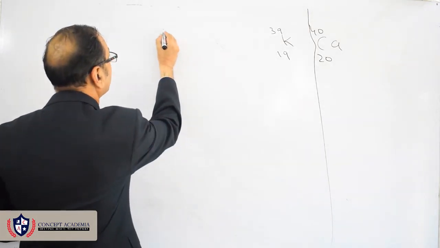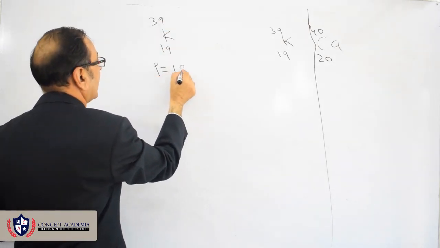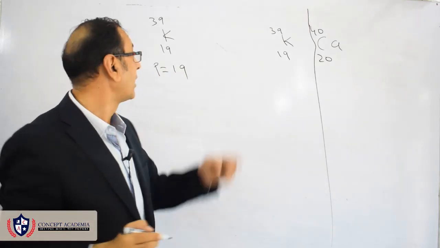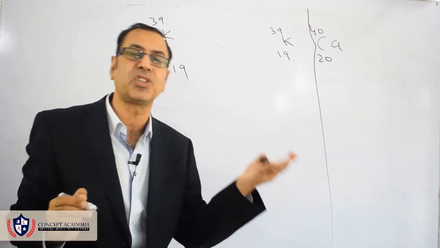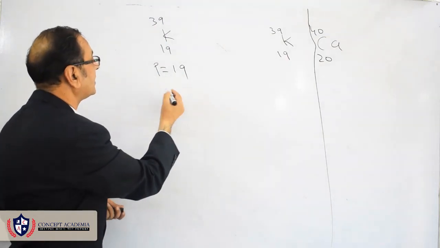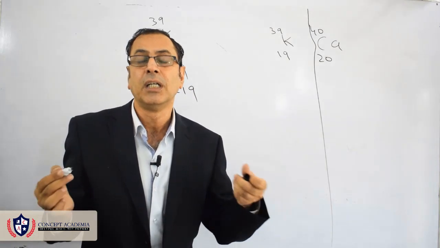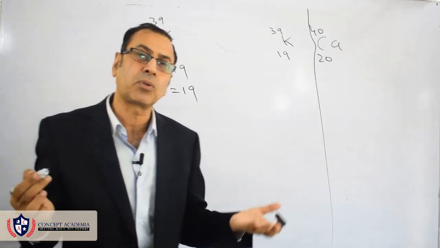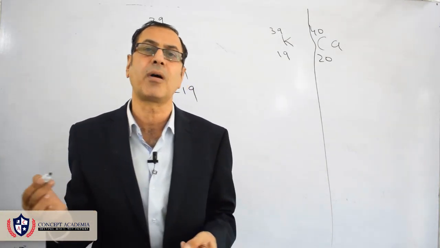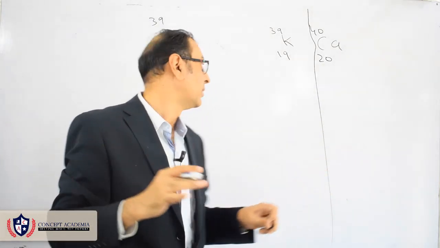So for potassium, which is 19 and 39, protons are 19. The larger number is 39, which is the nucleon number. So if the protons are 19, electrons must be 19, because the protons and electrons in case of an atom are equal, because there is no charge on the atom.